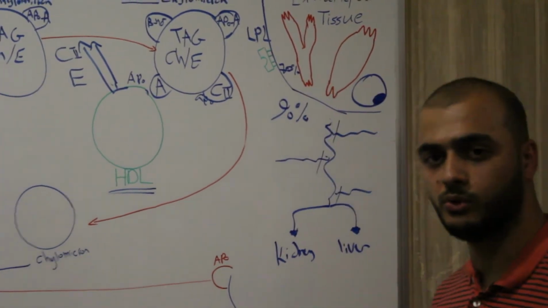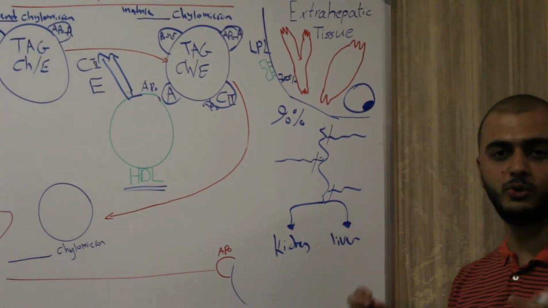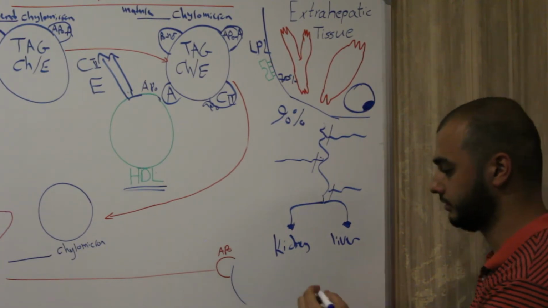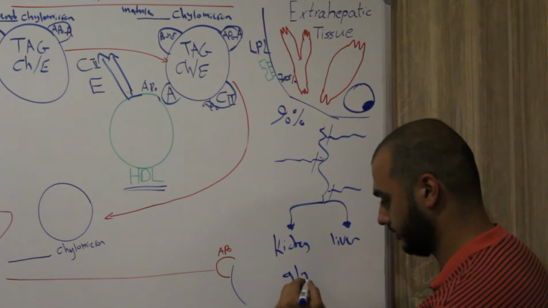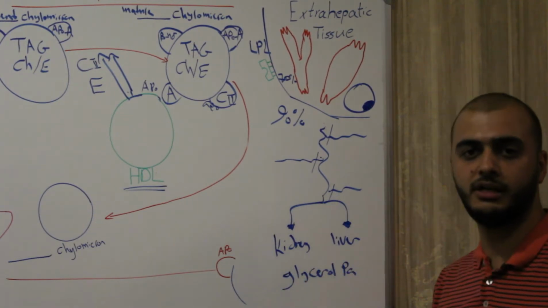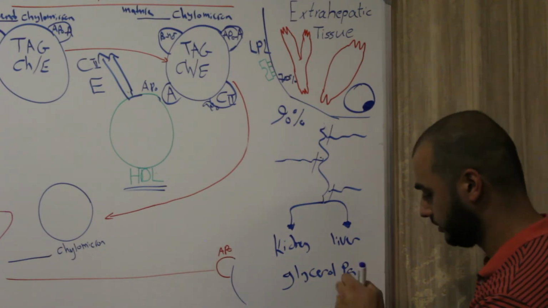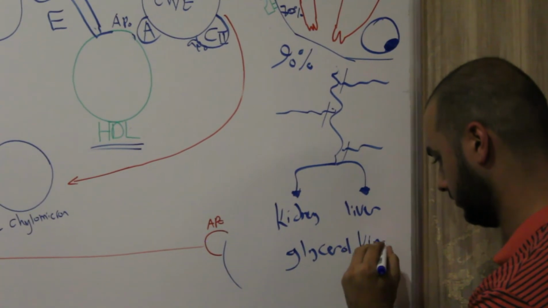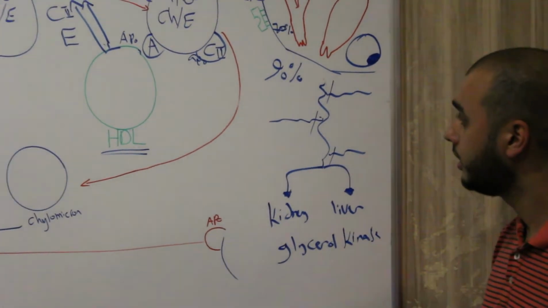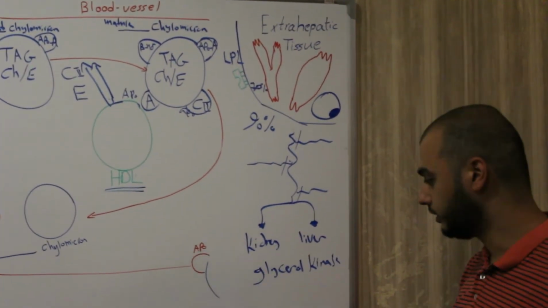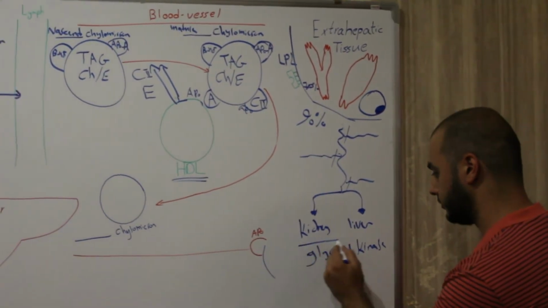Because these are the only 2 organs in our body that contain glycerol kinase. Even adipocytes, which store triacylglycerol, do not have this enzyme. So this is a unique enzyme.